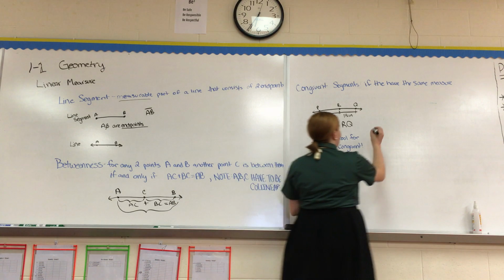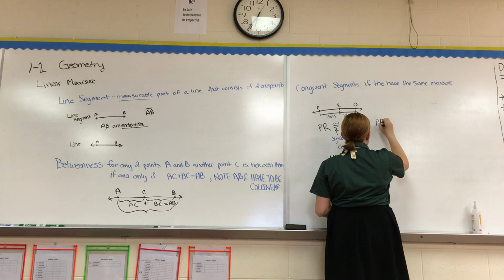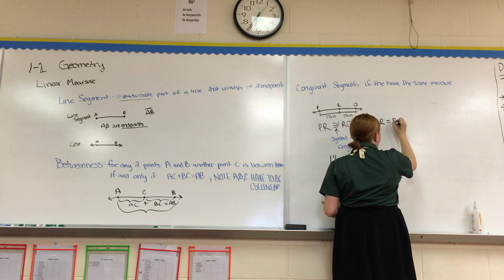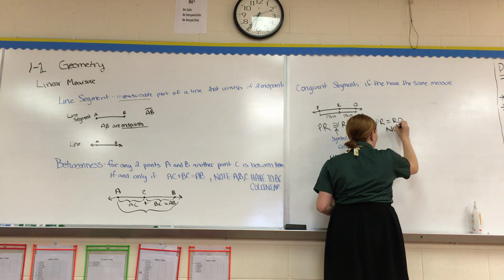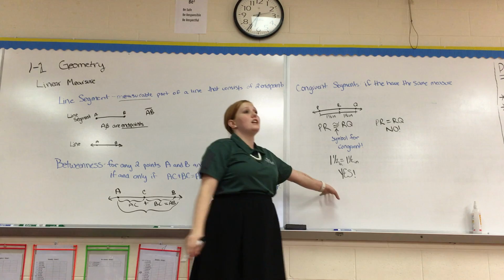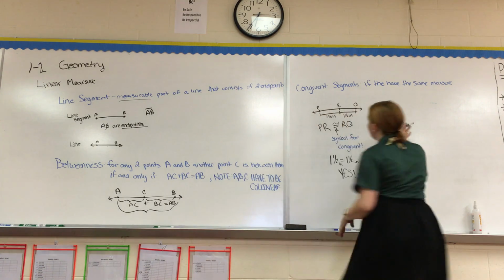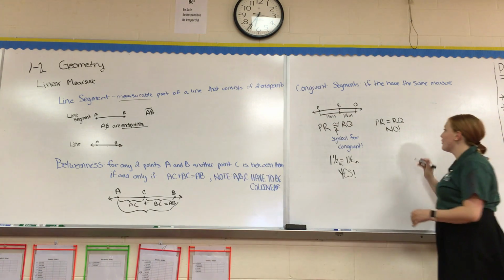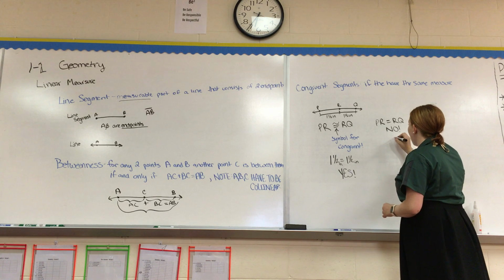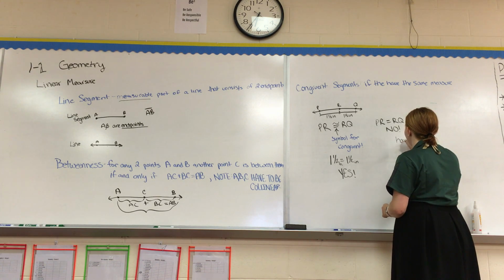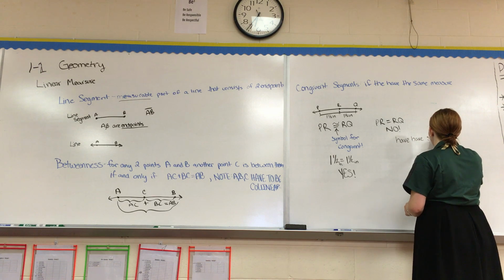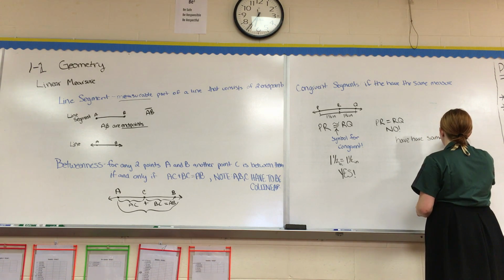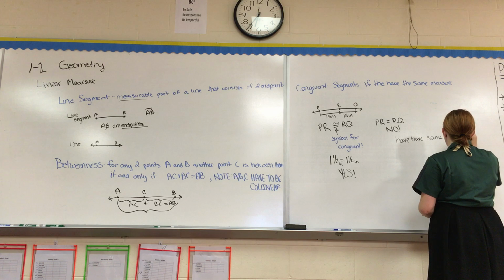Now, can I say that PR equals RQ? No. The reason is that these two are not equal. In order for them to be equal, they have to have the same points, the same start and end.